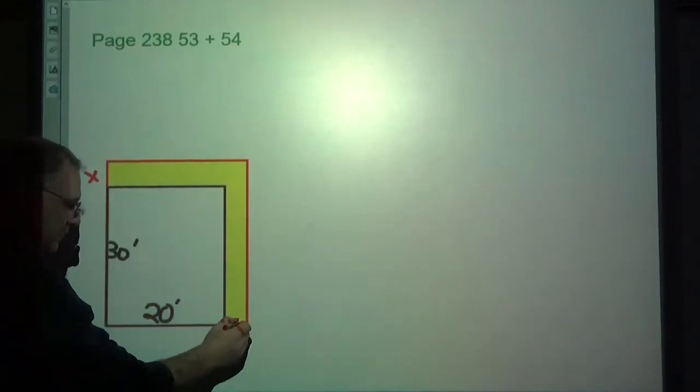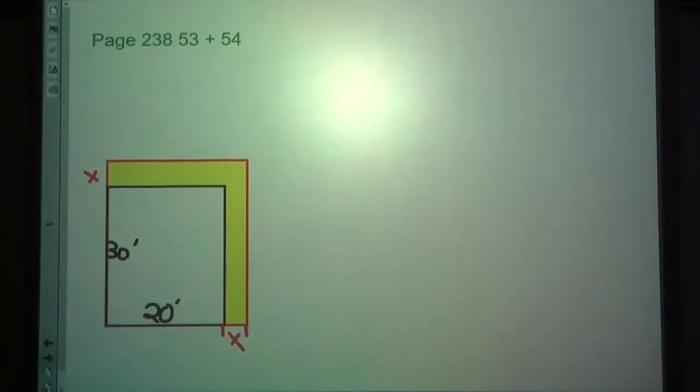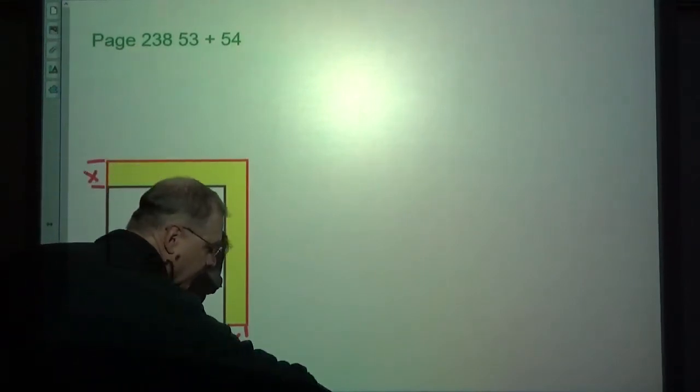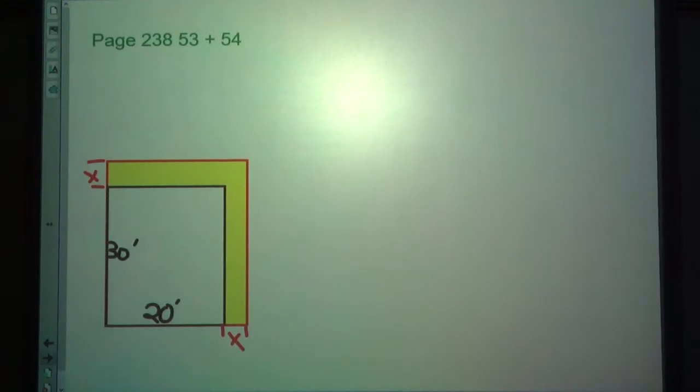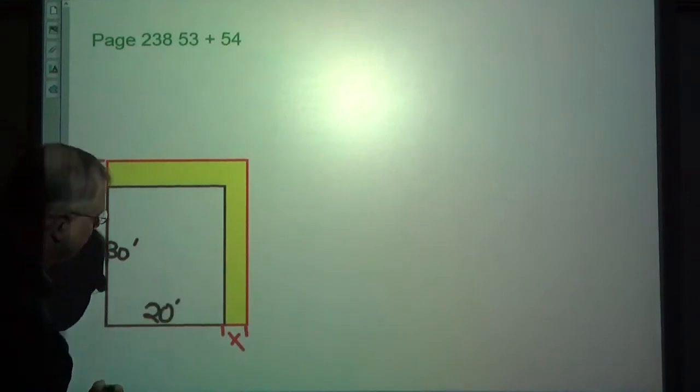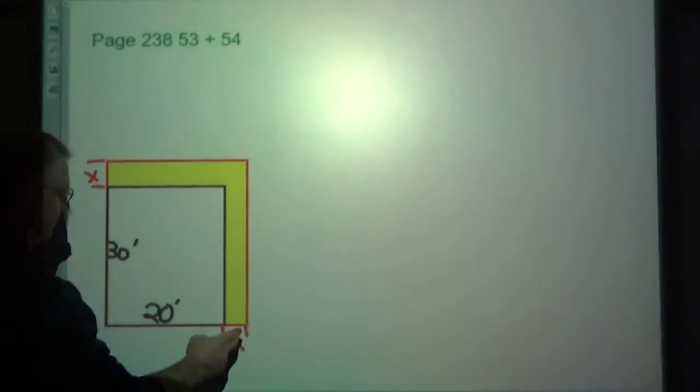So the distance from here to here is x. Same here to here. And they say they're expanding it by 464 square feet. They're adding 464 square feet. Wow, that doesn't look perfectly the same size for both of these.